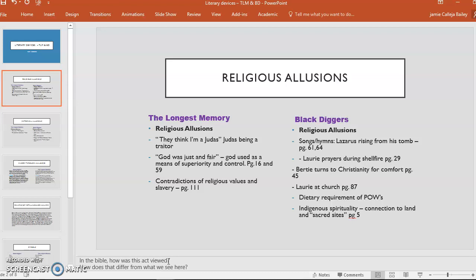Alright, so if we turn to page 61, 64, give me a moment so I can get it up. So where does it say here? 61 to 64.